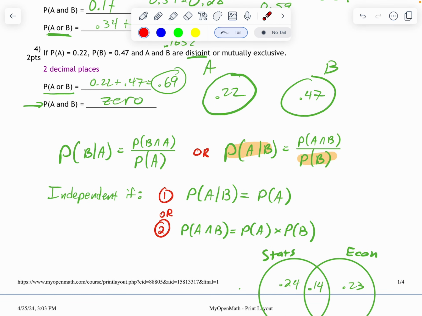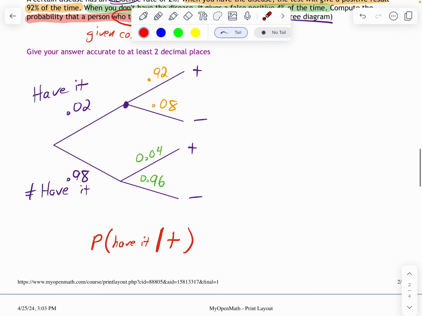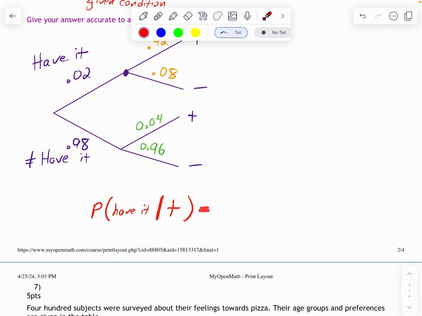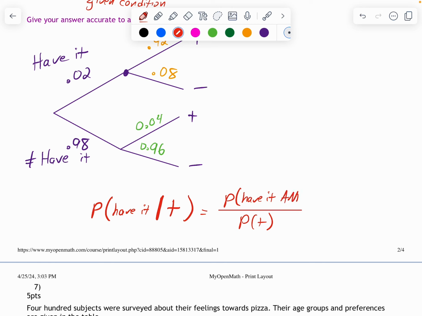The probability of the condition goes on the bottom, and the numerator is the probability of both A and B. So the bottom, again, is the probability of the condition, the probability of a positive test. The numerator is the probability of both things. You have it, and you had a positive test.